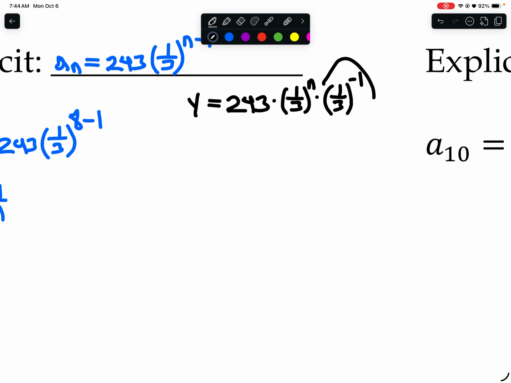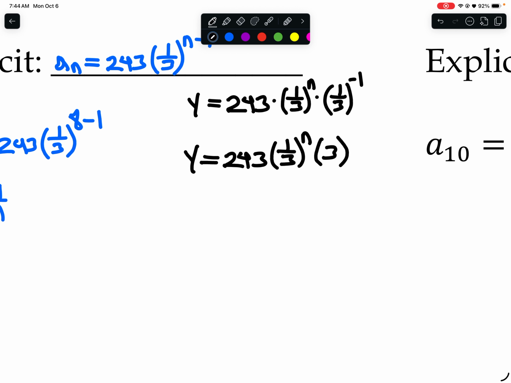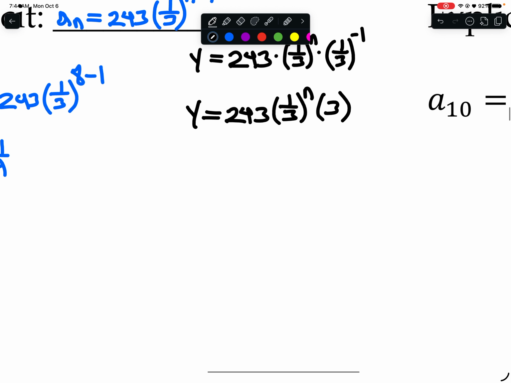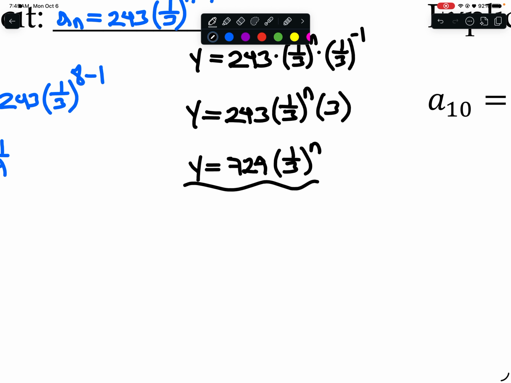So when I rewrite 1/3 raised to a negative 1, this is actually going to give me 243 parentheses 1/3 raised to the n, and then this is going to give me just a positive 3. So now you want to do 243 times 3, which in this case is going to give you 729. So we're going to have 729 parentheses 1/3 raised to the n. So that would be your exponential form.